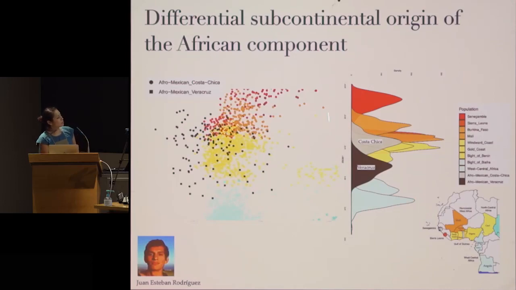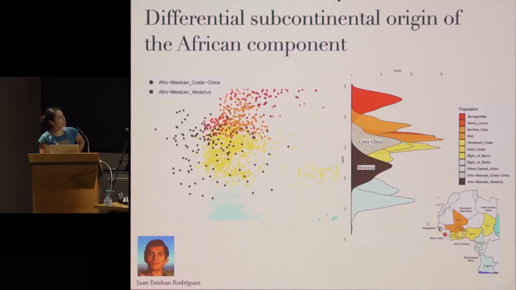Another way to visualize this is using these kernel plots, where you draw the distributions of the populations. So we see that the Costa Chica and the Veracruz look very different, like the distributions are very different. And the populations that they overlap with are also different.